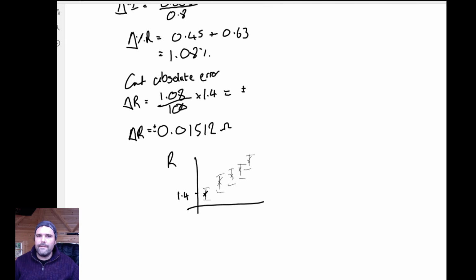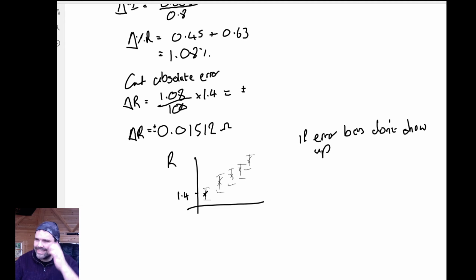But if, by the end of it, the error bars are too small for the graph, and by that I don't mean that you wrote them in too fine a pencil so I can't see them. What I mean is if they don't show up, they're too small.